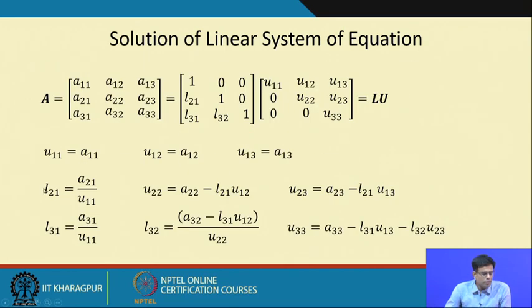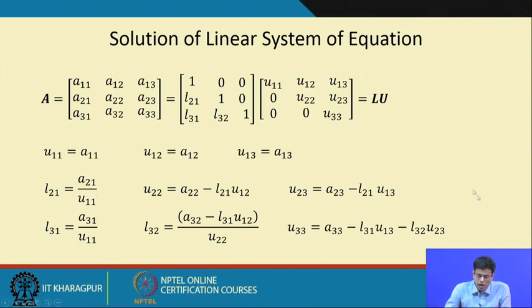Similarly, U22 we can find, which is essentially A22 minus L21 times U12. You see this L21 is used in finding U22. So there is a sequence; you cannot directly find the last entry U33 first. You have to come up from the forward sequence: the first element, then the 1 2 element, then the 1 3 element, and so on.